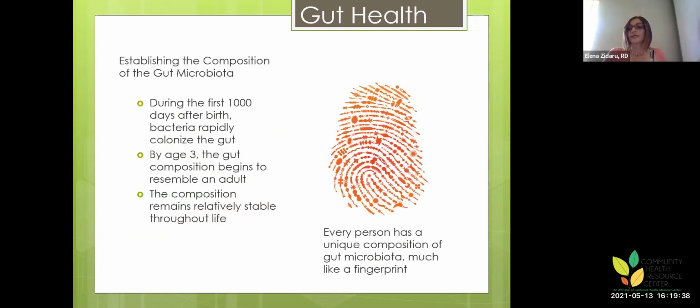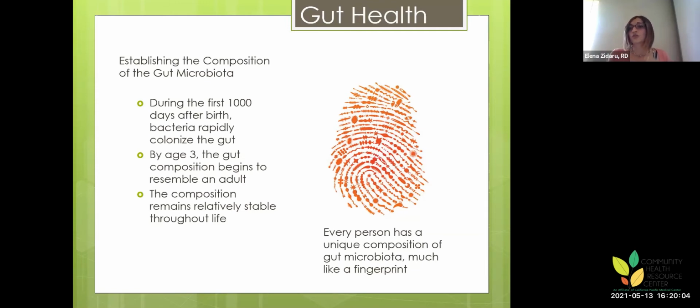Well, it's been known that in the first 3 years of life, because when we're born our gut is sterile, our gut starts being colonized by different bacteria. And by age 3, basically, you have a gut bacteria that's going to follow you through the rest of your life.